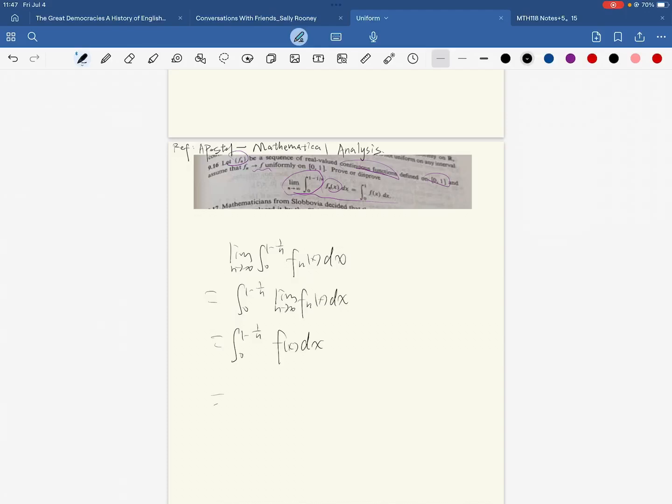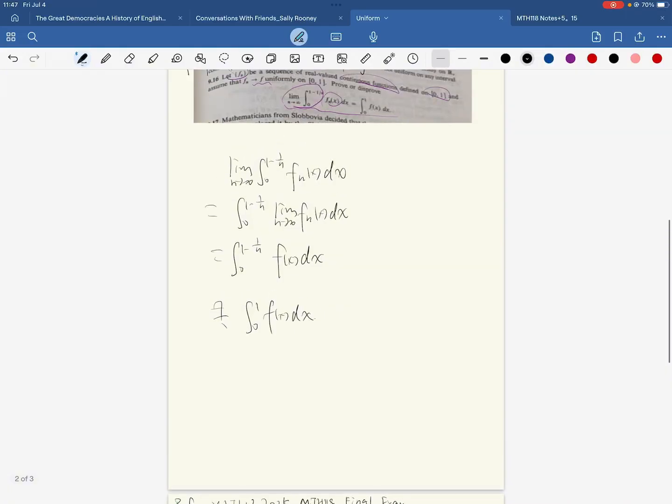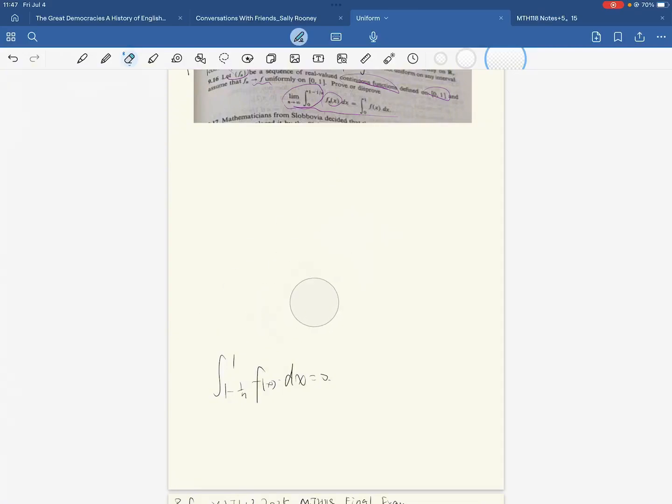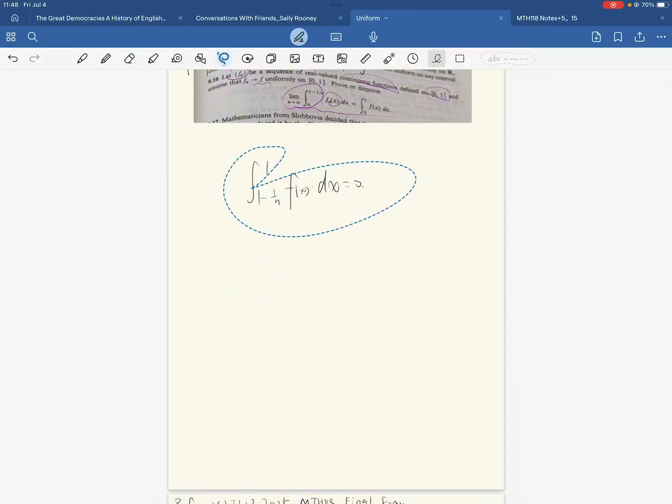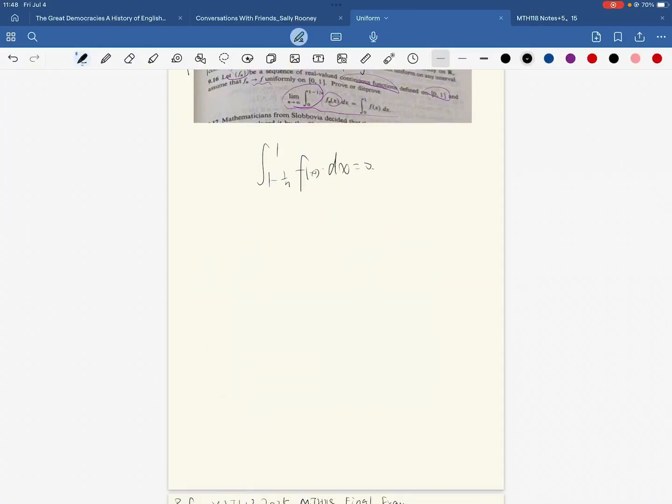So we want to know, is this equal to this? We make a change of this. We just want to know, is this true? If we want to show it is equal to 0, we may use the squeeze theorem.